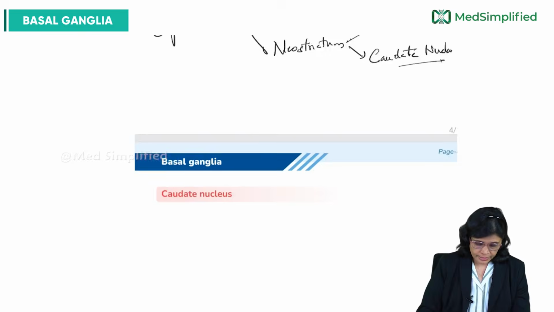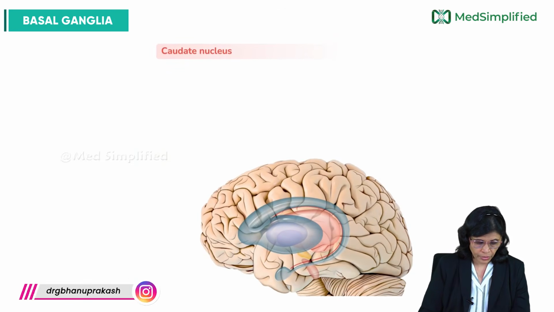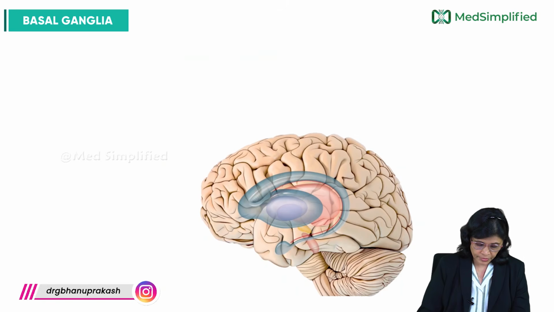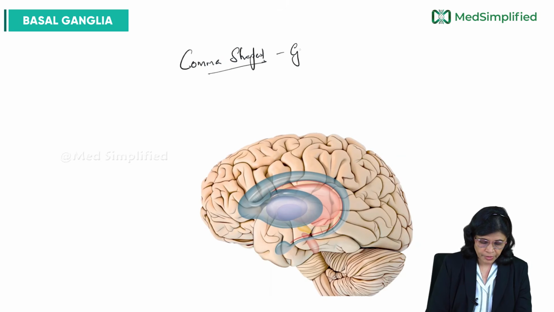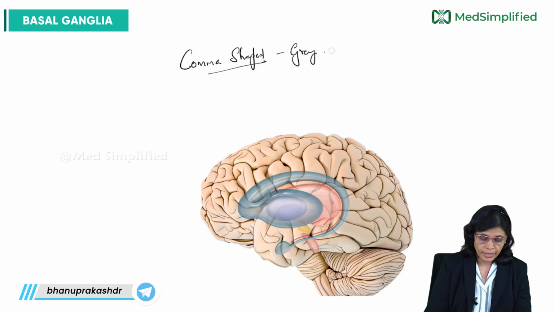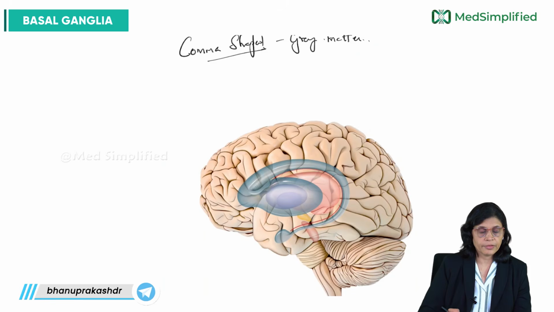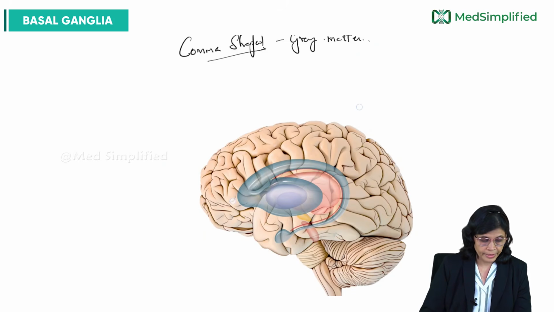Now a little more about the caudate nucleus. It looks comma shaped, a comma shaped grey matter, surrounding the thalamus, and it is itself surrounded above by the lateral ventricle.